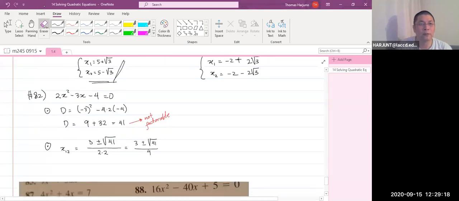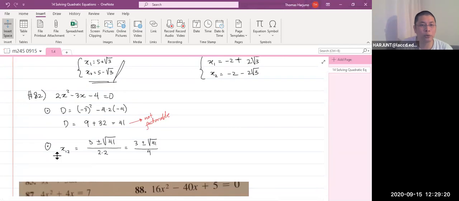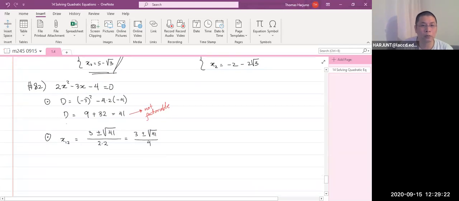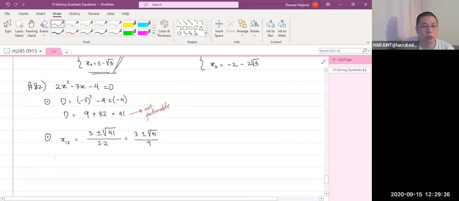Finally, we have a question in which we apply the quadratic formula. So I split that. x1 equals 3 plus square root of 41 over 4. x2 equals 3 minus square root of 41 over 4. That's for number 82.